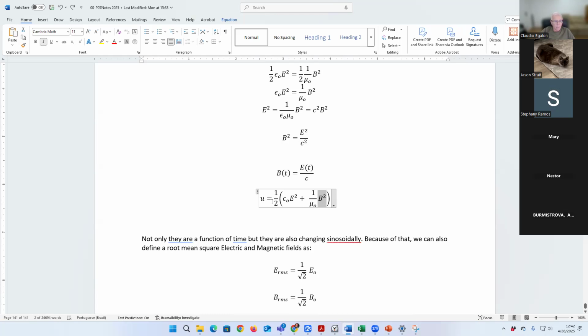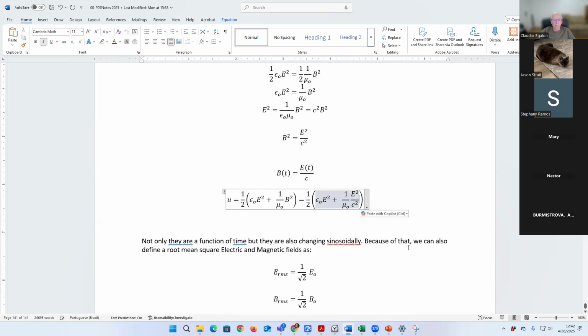Oops. Let's do one more step. Like that. Okay. We can take the E square to the outside of the parentheses.